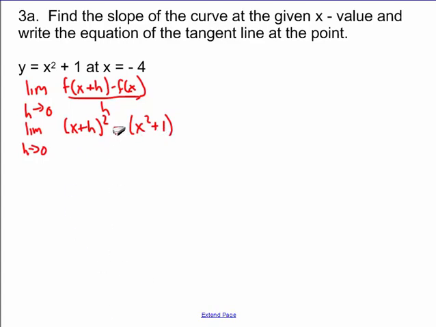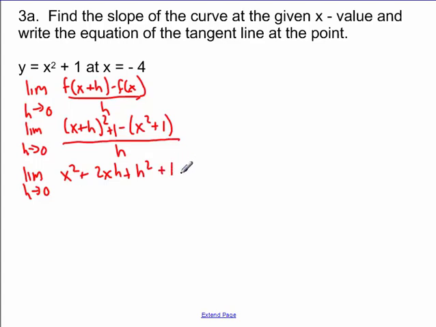Now I realize writing that I made a little mistake. I need to add in my plus 1 all over h. Okay, doing my algebra. Okay, now from here, what's nice?